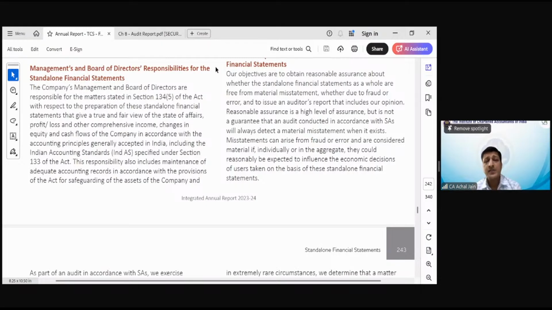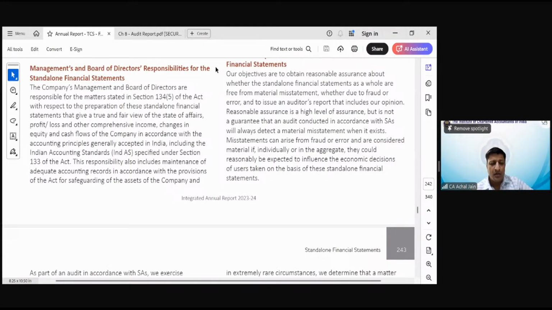And in any case, even if we look at the responsibilities of the management, are they not clear amongst the auditor and the management? The answer is yes. When the engagement is taken up, there is absolute clarity as to who is going to do what.